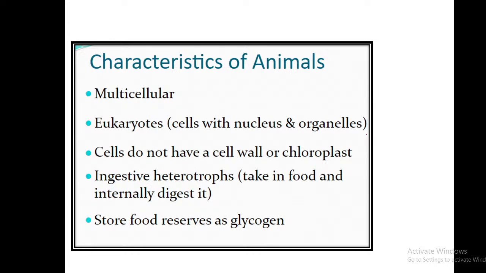Cells are of two types, prokaryote and eukaryote. അപ്പോൾ അനിമൽസിന്റെ ക്യാരക്ടറിസ്റ്റിക്കിൽ വരുന്നതാണ് ഒന്ന്, it should be multicellular, means many cells. ഒരു ഓർഗാനിസത്തിന്റെ ബോഡിയിൽ കുറേ സെൽ. നമ്മുടെ ബോഡിയിലാണെങ്കിൽ തന്നെ മില്യൺസ് ഓഫ് സെൽസ് ഉണ്ട്. അതിനെയാണ് മൾട്ടി സെല്ലുലാർ എന്ന് പറയുന്നത്.